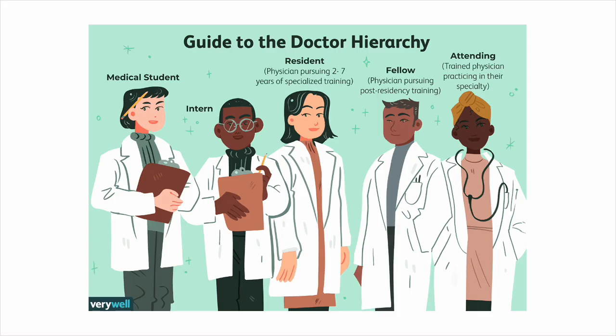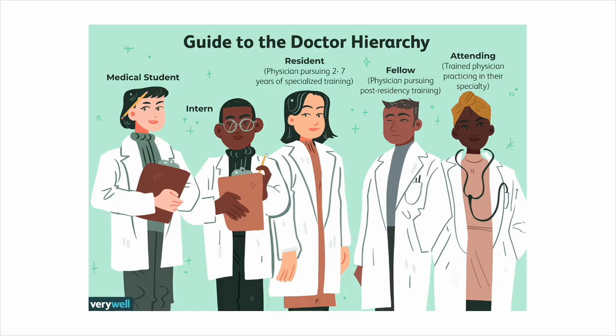A resident is, again, a physician in training after medical school. They train in a specific specialty such as internal medicine, neurology, or radiology, and responsibility will increase each year. Again, that resident is classified as a physician having completed medical school, but they're completing their residency and working under a fully accredited or credentialed attending physician.